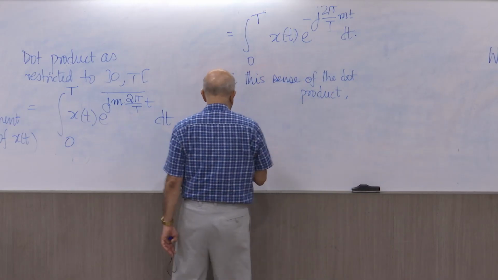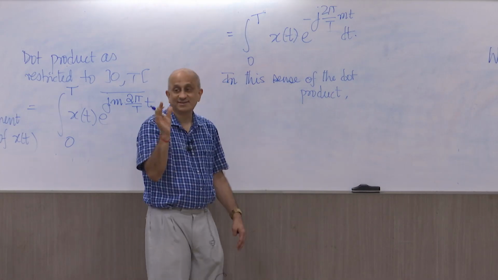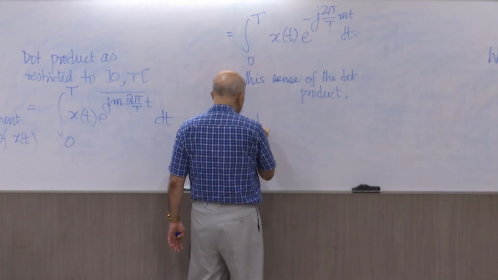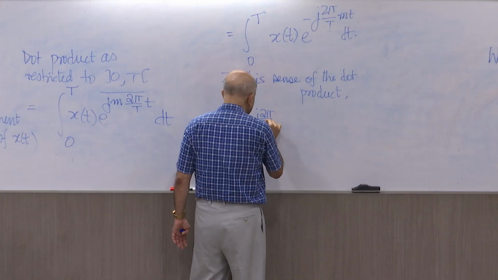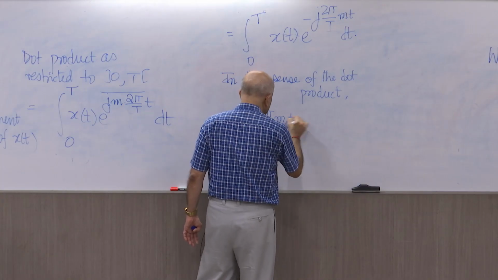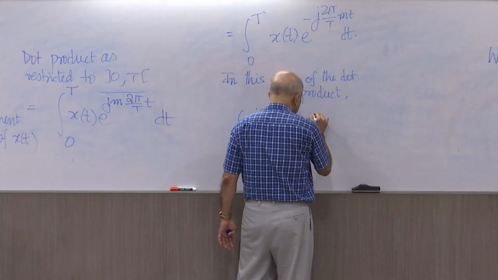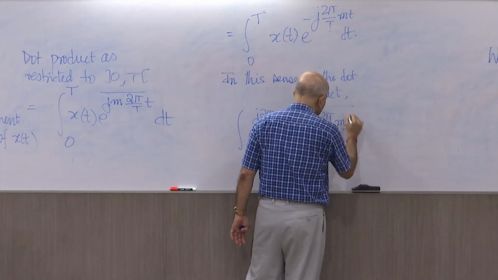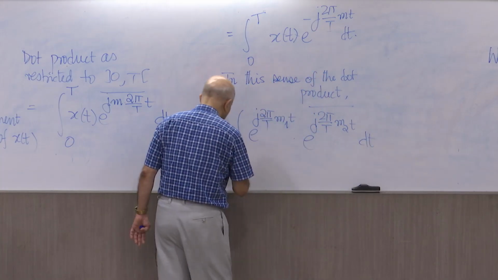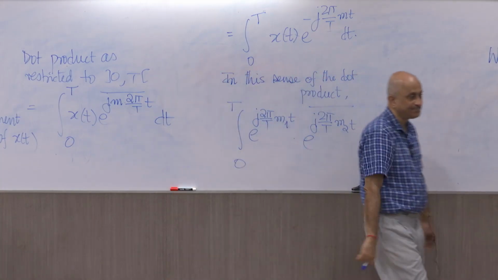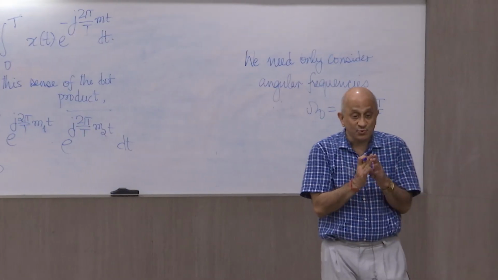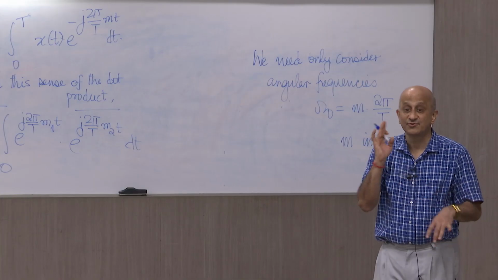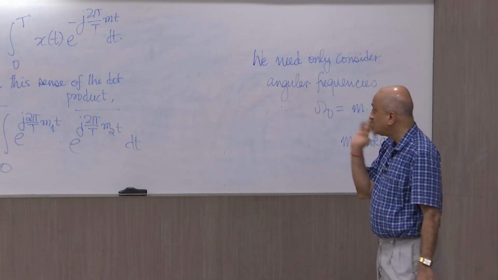Let us take the dot product of two such phasors. So you have e raised to the power j 2 pi by t times m1 t and e raised to the power j 2 pi by t times m2 t complex conjugate, dt integrated from 0 to t. So I am looking at the dot product of two such phasors in this sense of restricting it to 0 to t.